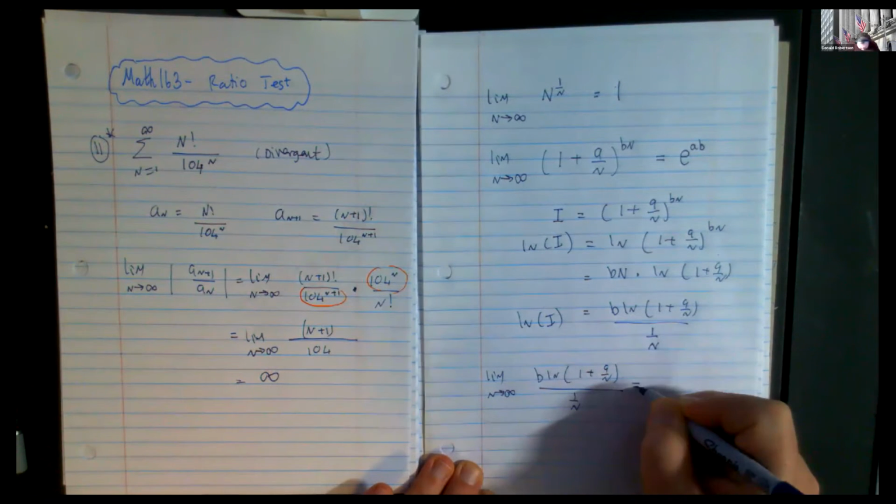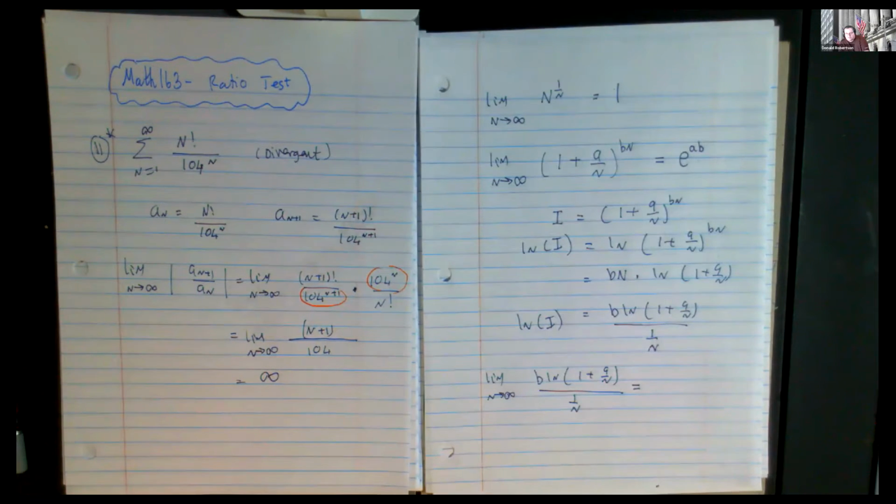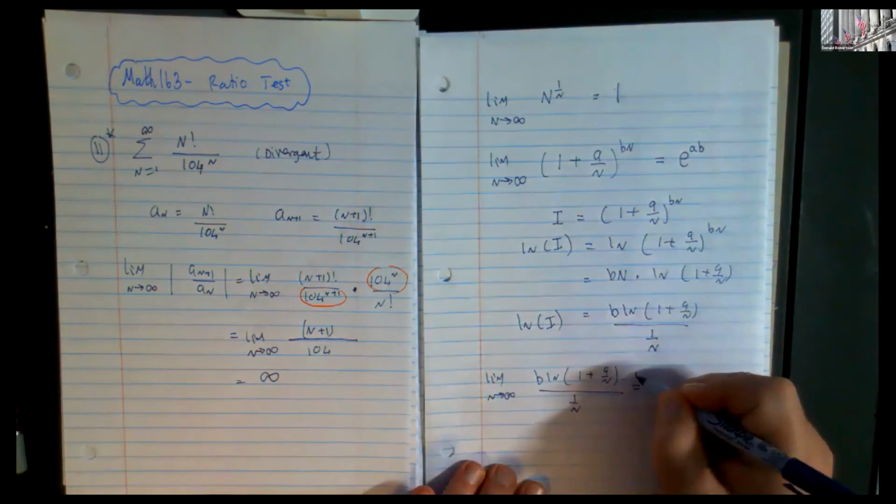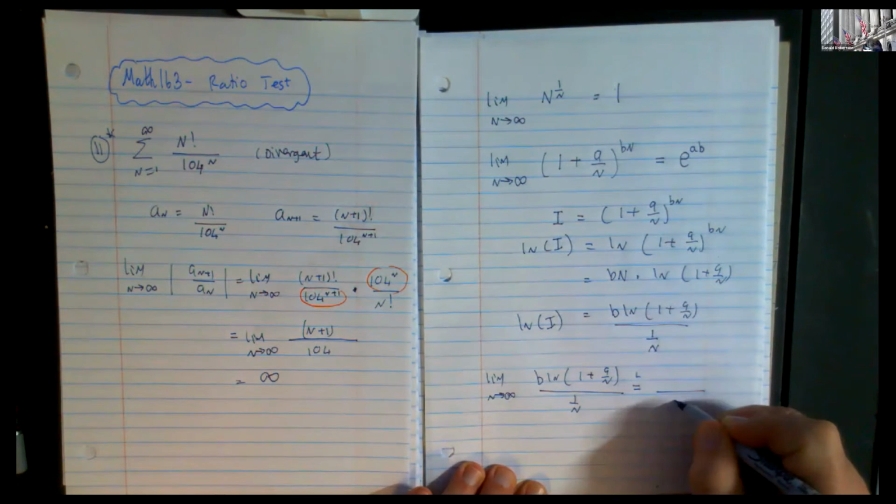There is only one method that has got even a vague chance of winning here. What technique will I use to evaluate this fella? Well, L'Hopital. Yeah, it's the only guy in town that's even got a chance. Now, the bottom, you trust me, is that guy.